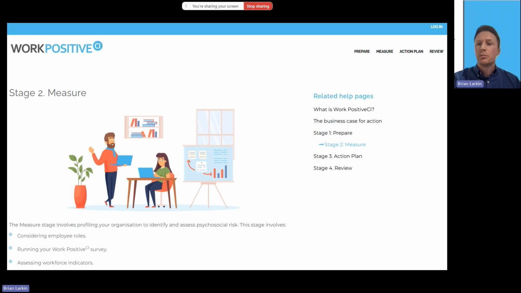So moving on to the measure stage, this is essentially where you will gather a lot of your information and data. You will first consider the employees and their roles, and like any risk assessment, their degree of exposure. You will run a Work Positive survey for perhaps a four week time period, and you may consider assessing workforce outcome indicators in conjunction with HR or other relevant stakeholders.